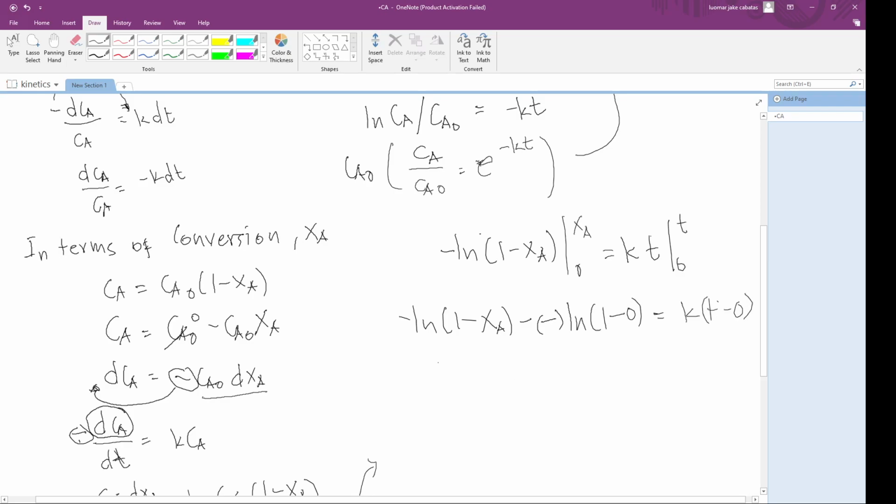So we have negative ln of 1 minus XA plus ln of 1 is equals to kt. What is ln of 1? ln of 1 is 0.